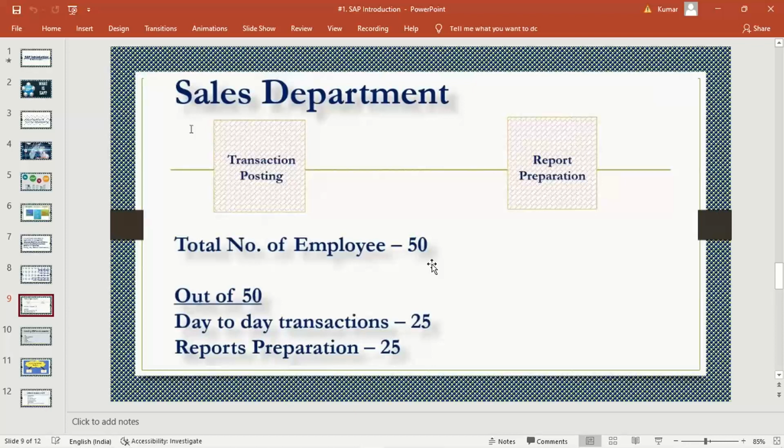So before ERP, how did they manage the work? Everything was happening manually. Now look here: before ERP, how they maintained things. In the sales department, there were a total of 50 employees, and they used to manage all those things.